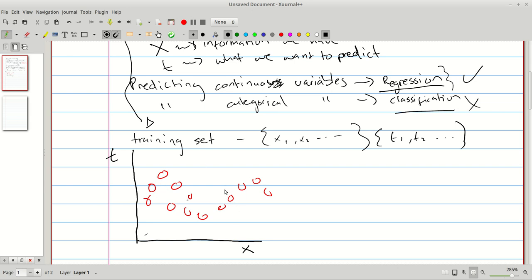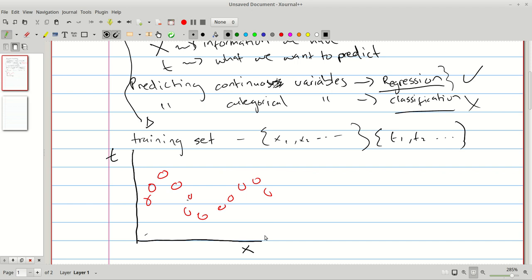Based on this, the goal is to make some kind of prediction, right? Let me try to remove this point here. Okay, much better. So we are trying to make predictions. If I give you a new x, I want some model that will predict what the corresponding t is.